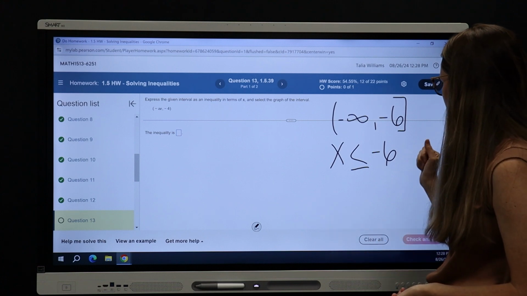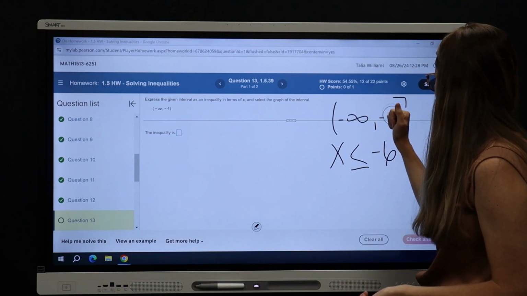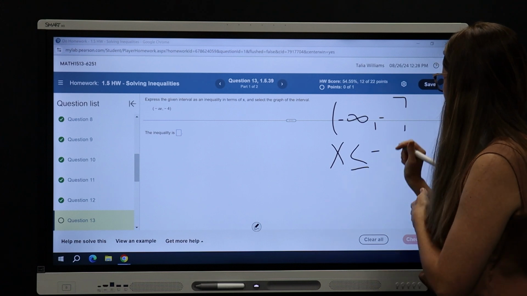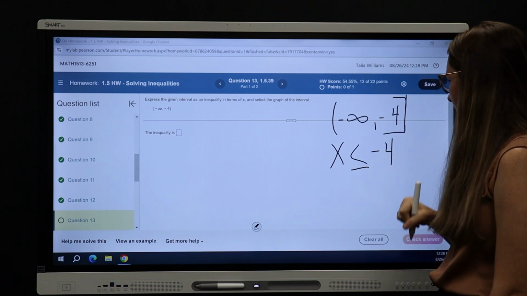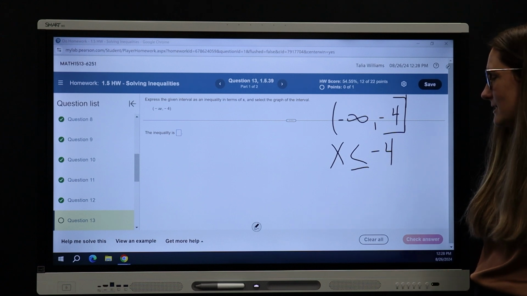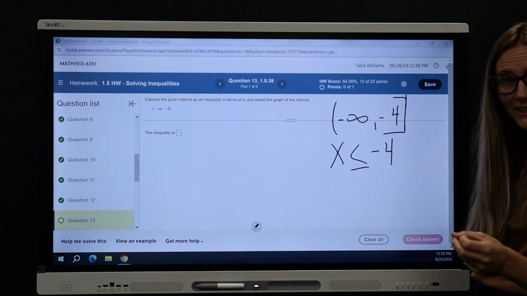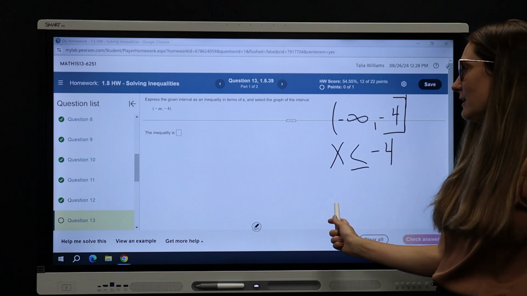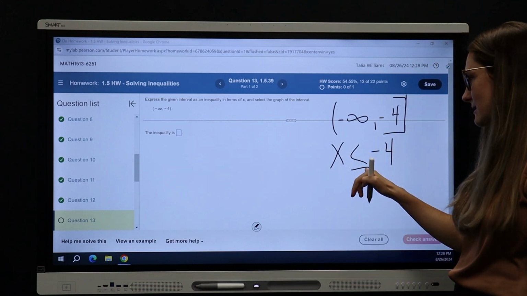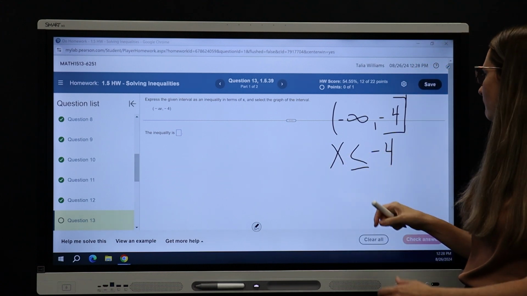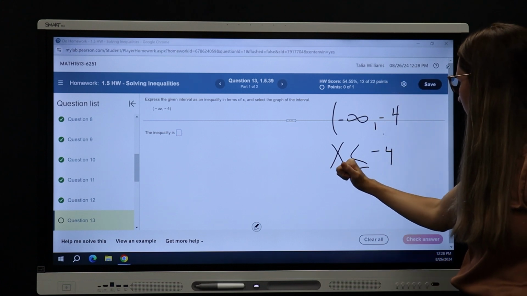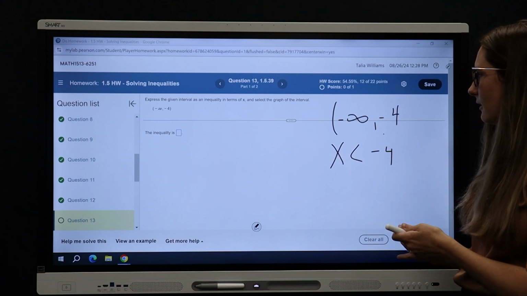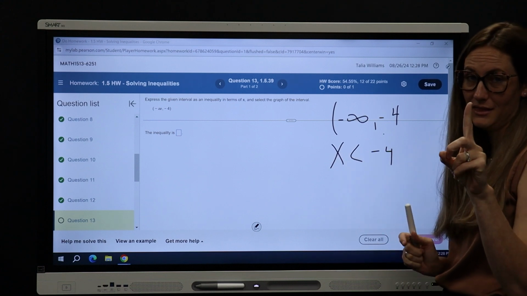-infinity to -4. These are kind of really repetitive. Since it's -infinity, there's an infinity, so we have x. -infinity means it's less than. Then -4, but our -4 has a parenthesis.